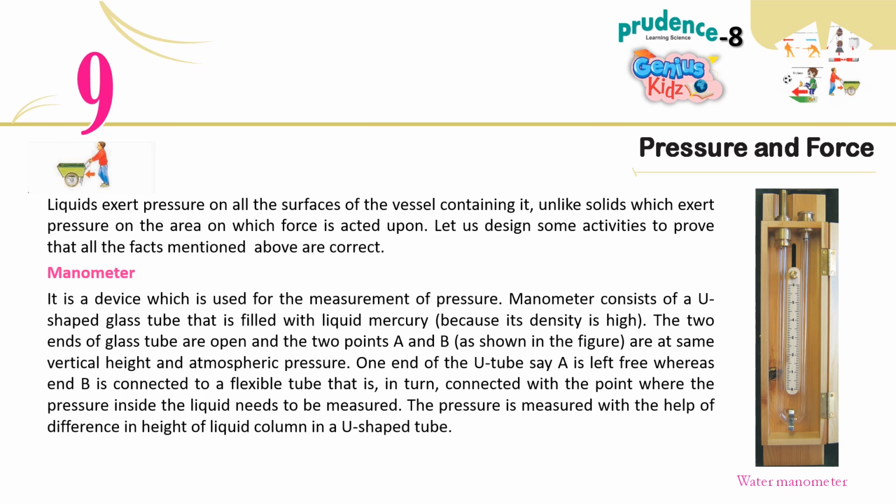The two ends of the glass tube are open and the 2 points A and B, as shown in the figure, are at the same vertical height and atmospheric pressure. One end of the U-tube, say A, is left free, whereas end B is connected to a flexible tube that is, in turn, connected with the point where the pressure inside the liquid needs to be measured. The pressure is measured with the help of the difference in height of the liquid column in the U-shaped tube.